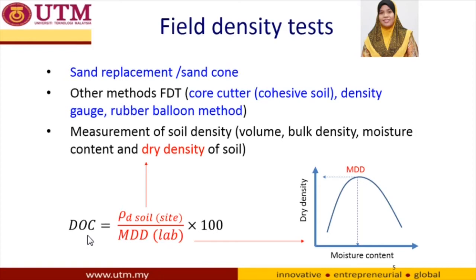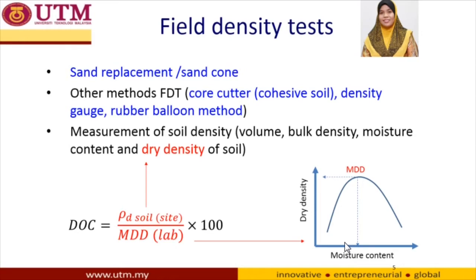Basically, the value of dry density measured on site will be compared to the maximum dry density value measured in the lab through the compaction test. This plot shows the relationship between dry density and moisture content in the lab.